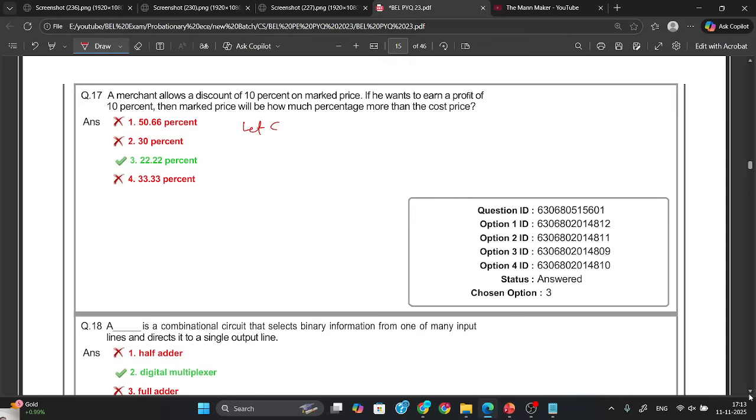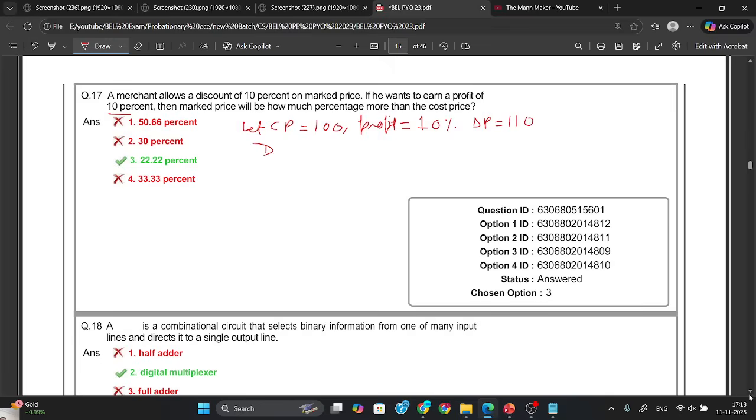Let the cost price be 100, and the profit given is 10%, so we can say our selling price is 110.